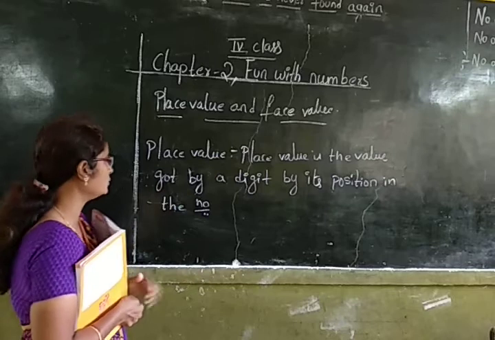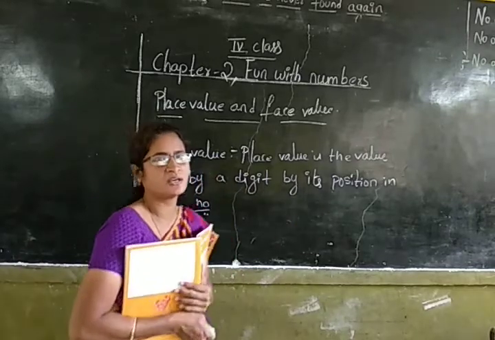So place value is the value got by a digit by its position in the number.